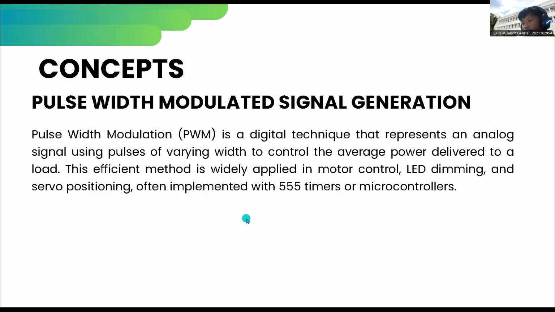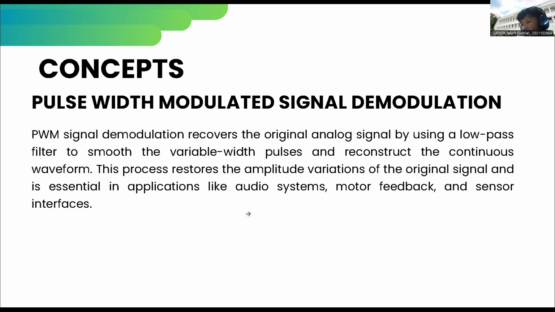So next, pulse width demodulation is the process of recovering the original analog signal from a PWM waveform. This is typically achieved using a low-pass filter, which smooths out the varying width pulses by averaging their voltage over time to construct the continuous signal.